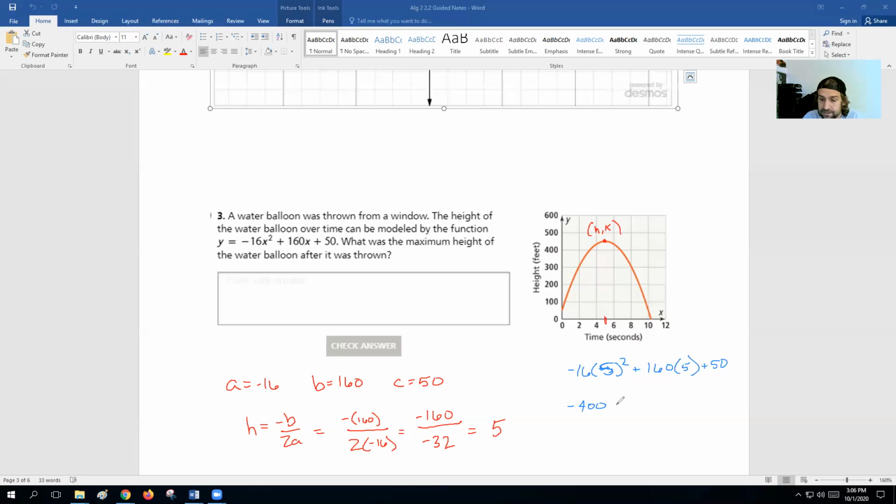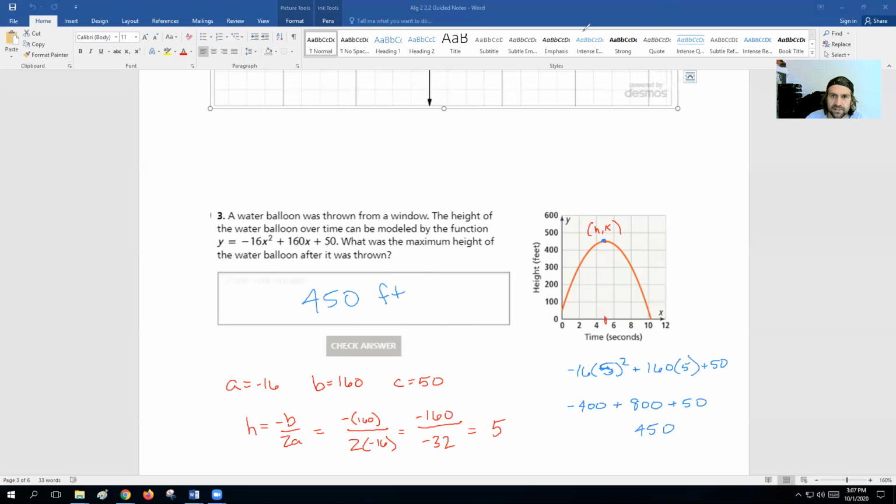Then plus 160 times 5, which would be 800, and then plus 50. Add them together: negative 400 plus 800 is a positive 400, plus 50 is 450. So the maximum height is 450 feet, which actually looks like it'd be right there.